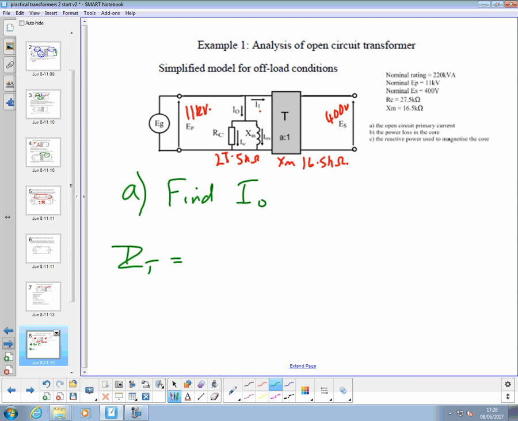There's only two, so what's the quickest way? Product over sum. Yeah? Do RC XM over RC plus XM. Yeah?